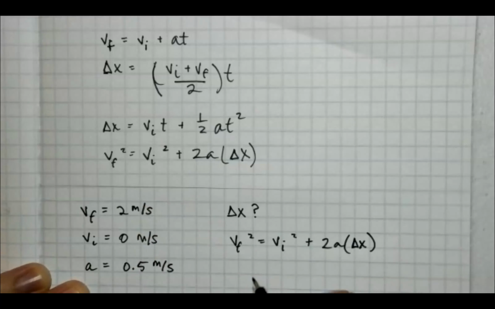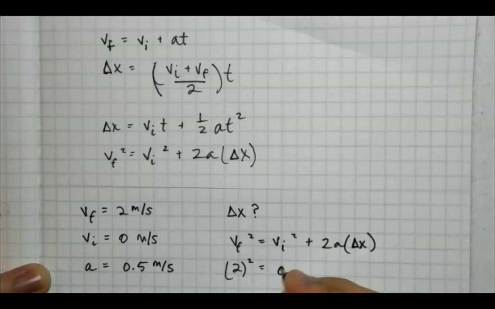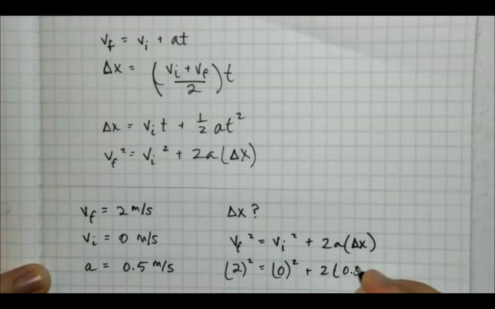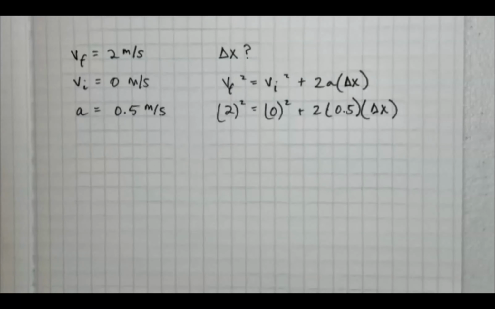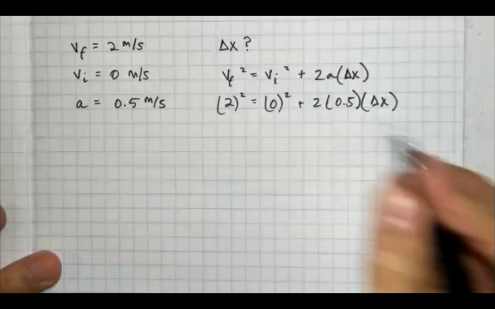And then I'm going to put in my values. So the final velocity is 2. Initial velocity is 0. Okay. 2 times the acceleration times the change in position.